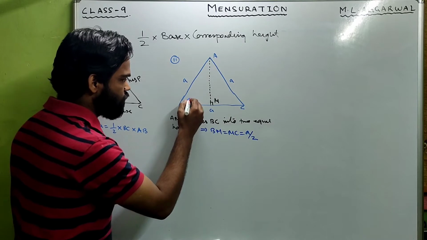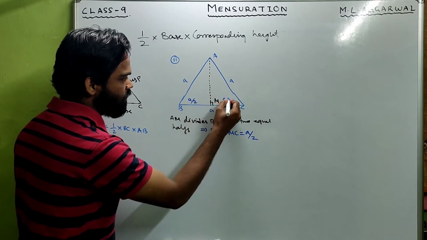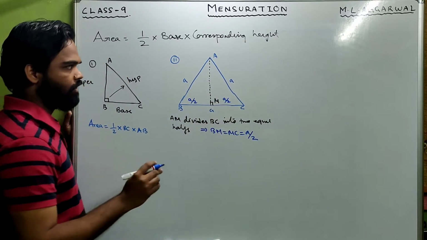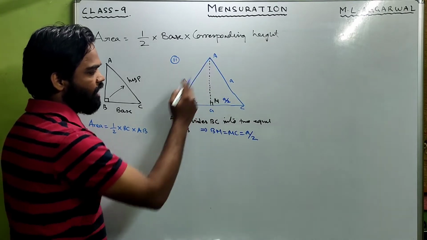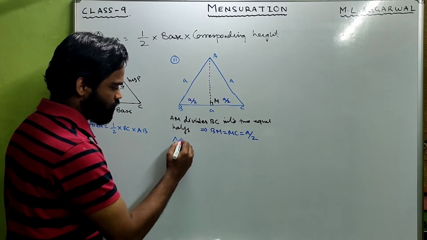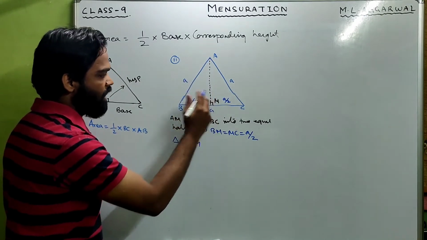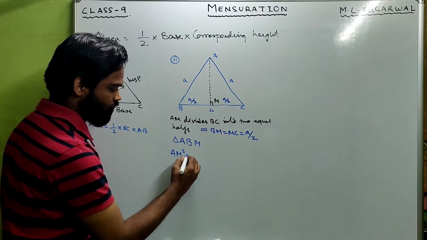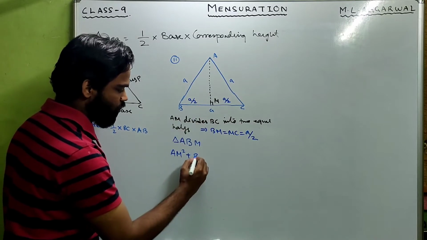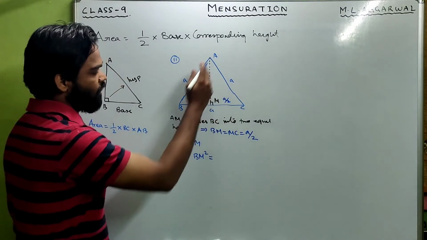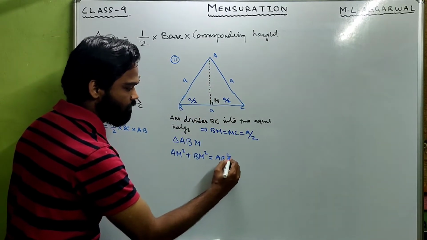Now look carefully. So this becomes A by 2, this becomes A by 2. Now in triangle ABM, by Pythagoras theorem, AM square plus BM square is equal to AB square, isn't it?